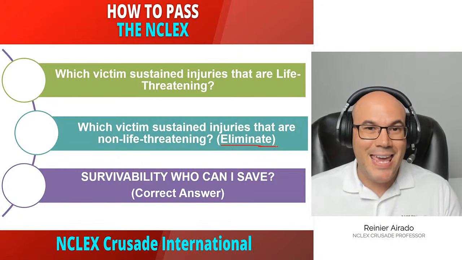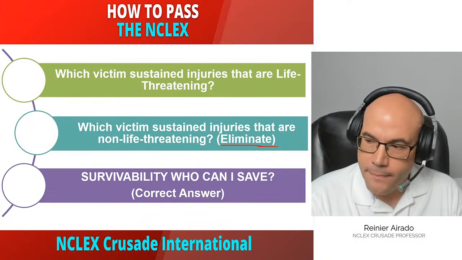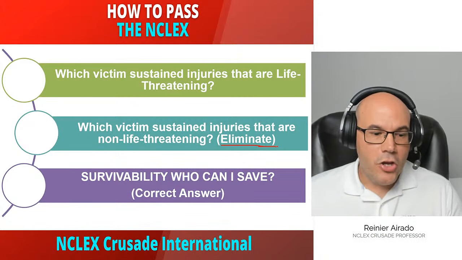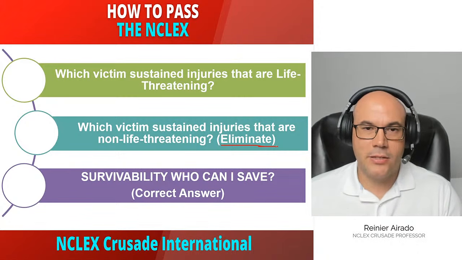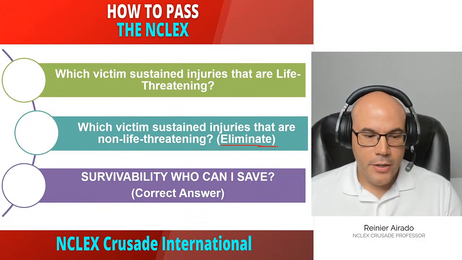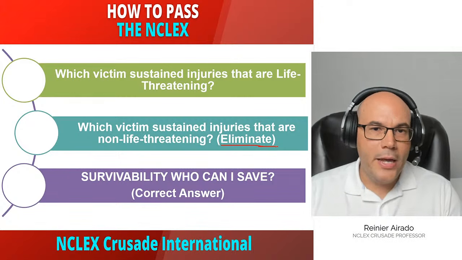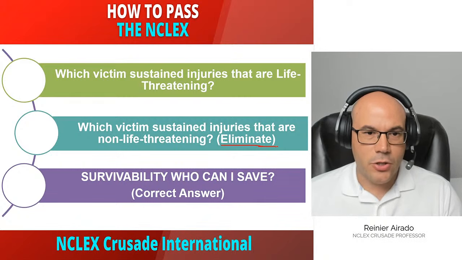But this is the key or the turning point. In step number 3, you have to ask, which patient has the highest chance of survival? So what will be your priority answer?